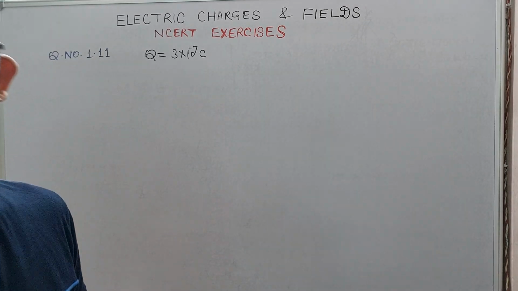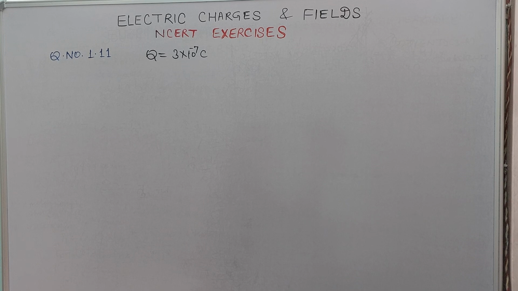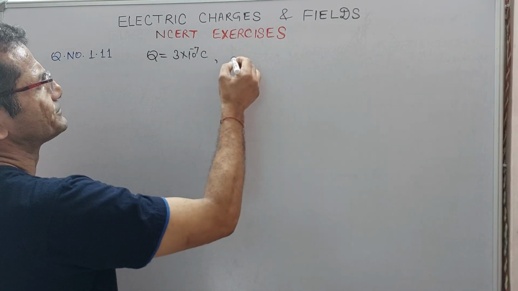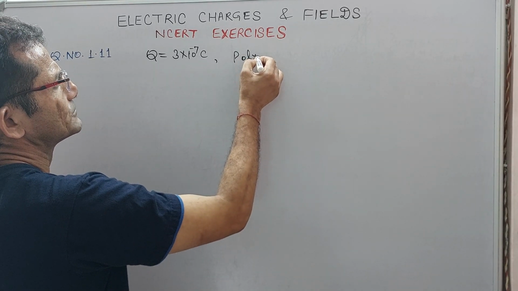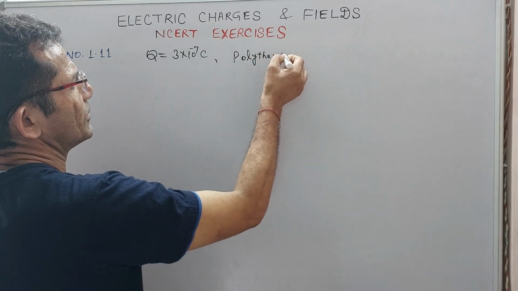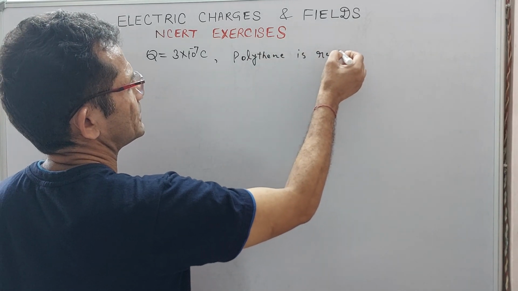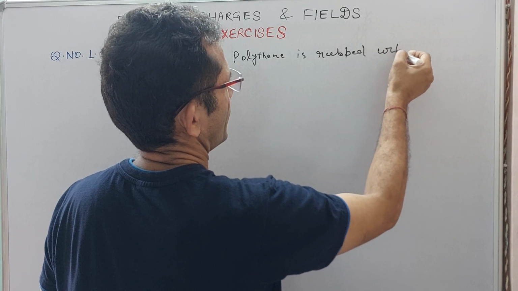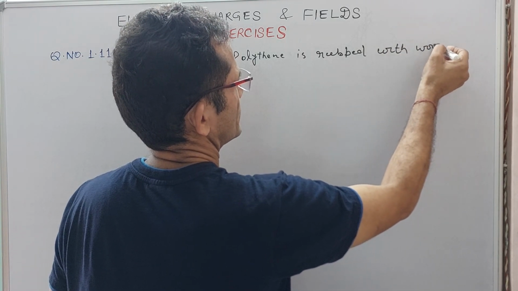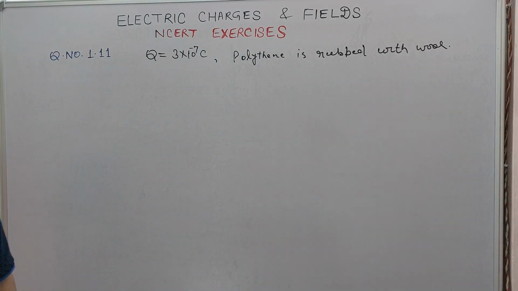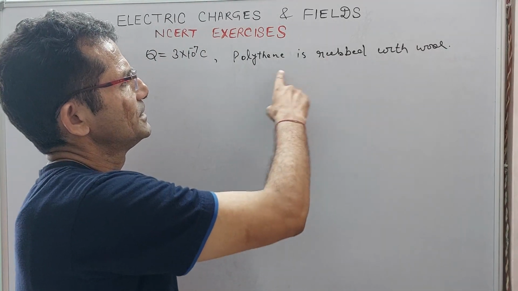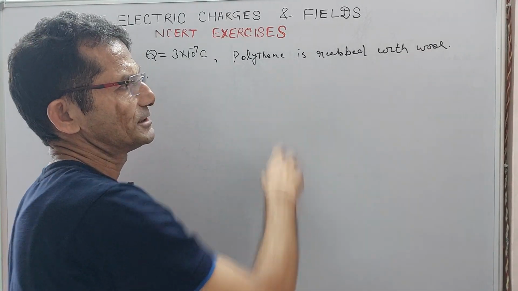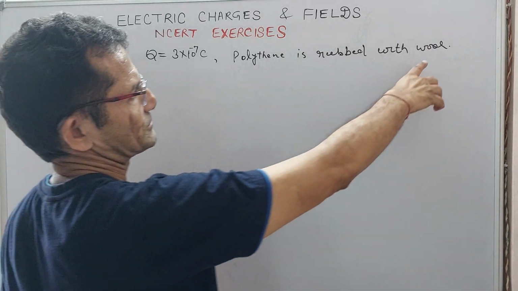Now in this question, say polythene is rubbed with wool. When we rub these two, some electrons are transferred from wool to the polythene.